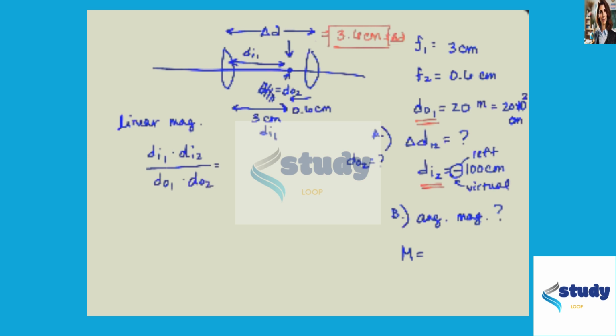DI1 was 3 centimeters, DI2 was negative 100, DO1 was 20 times 10 to the 2, and DO2 we solved to be 0.6 centimeters.